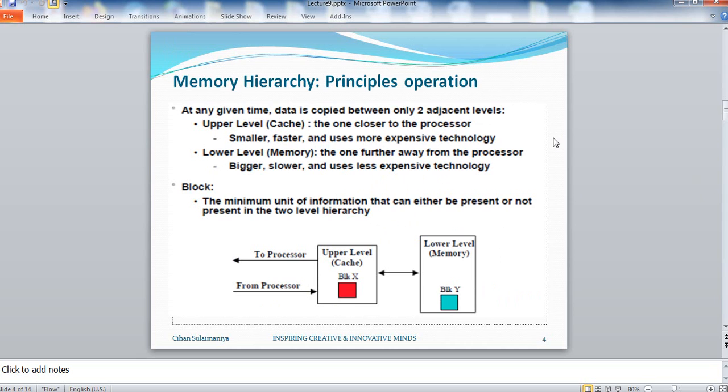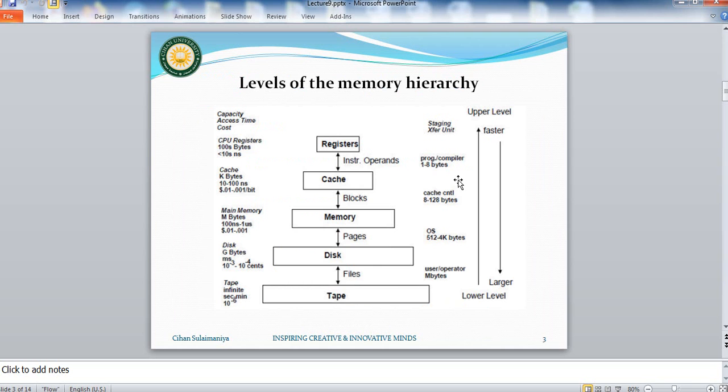Now, what is the operation of these levels? Basically, the information is saved inside the hard disk, but the address of the information, which is the most common information, is saved inside the cache memory.